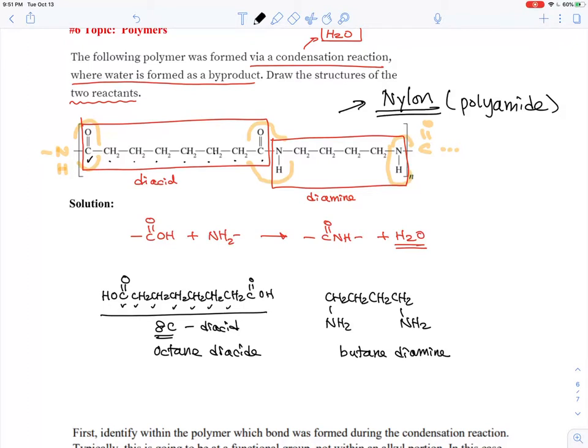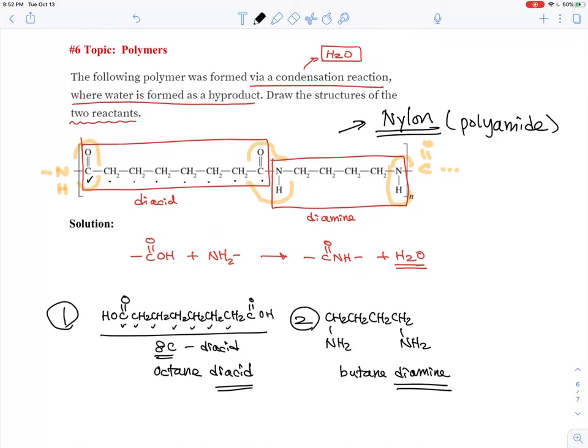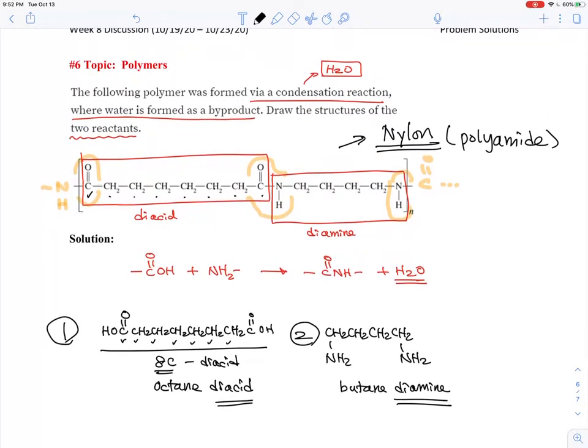So this is the first monomer, a diacid, and the number 2, which is a diamine. These are the compounds used to make this polymer from polycondensation. That's why it's called a polycondensation reaction to make this polymer.